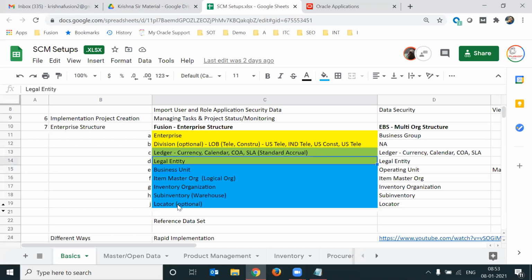Okay. So business unit is having the inventory organizations, and inventory, the reverse way I'm explaining. Inventory organizations are having the sub inventories, and sub inventories are having the locators. And locator is optional. If you want to maintain locators for sub inventory, maintain it. If your warehouse is a big warehouse, if it is a big sub inventory, then better to maintain the locators. And one more very good example is cold storage.